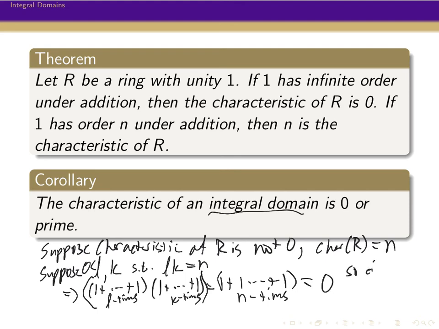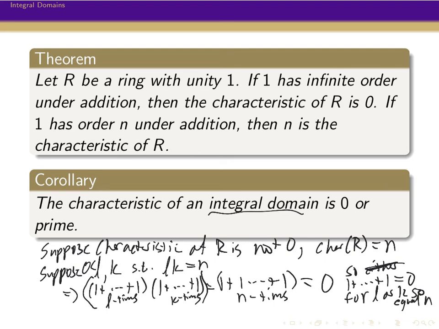So either 1 added to itself L times equals 0, or 1 added to itself K times equals 0, and that would mean, by the previous theorem, that L or K is already equal to n.